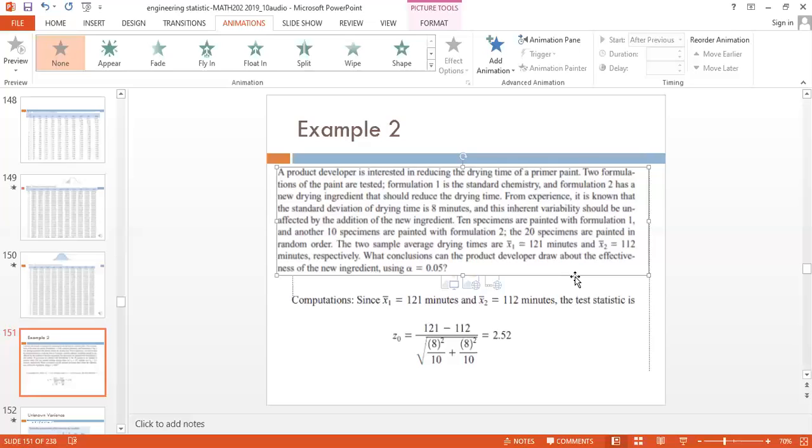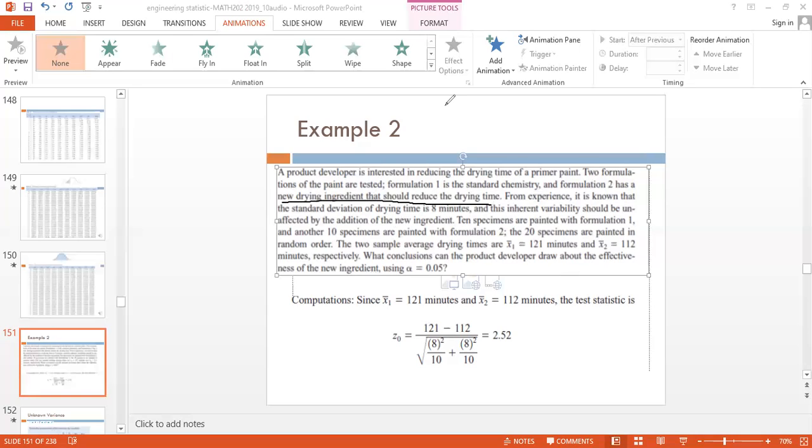So here the main focus is we are testing if Formulation 2, the new drying agent, reduces the drying time better. Reducing means you shorten the number of minutes in drying the paint.